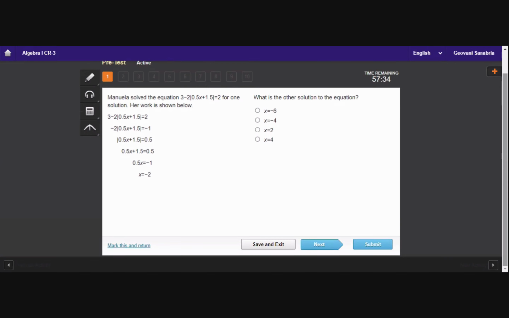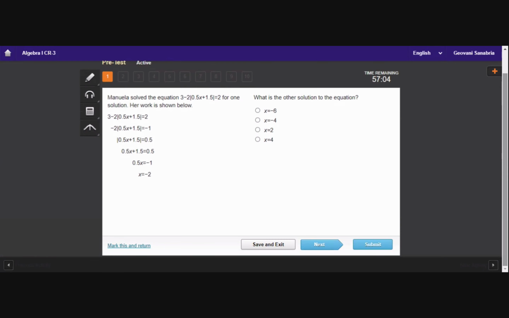But then there's that -2 right there. So it's like 3 minus 2 times 3.5. So we have to do times 2, which is 7. Then we have to do 3 minus 7, because it was 3 minus 2 times all that stuff.